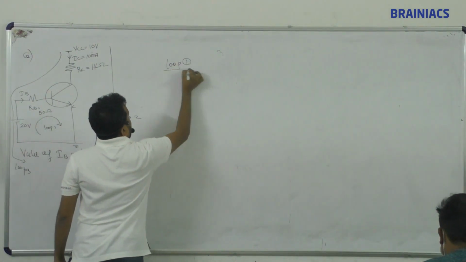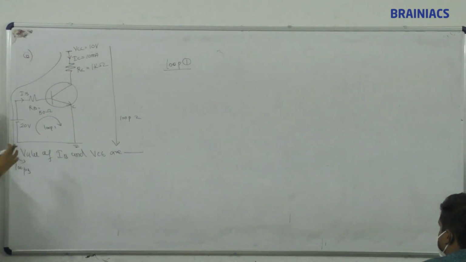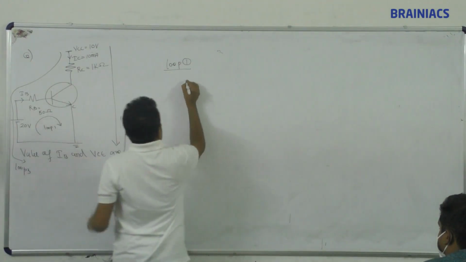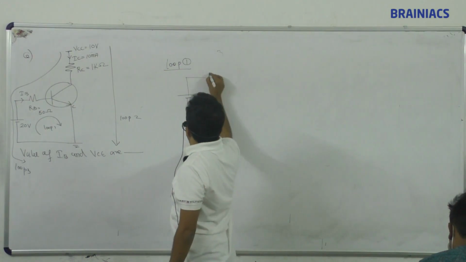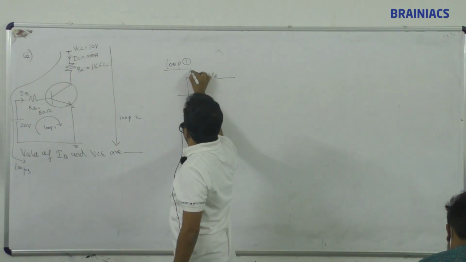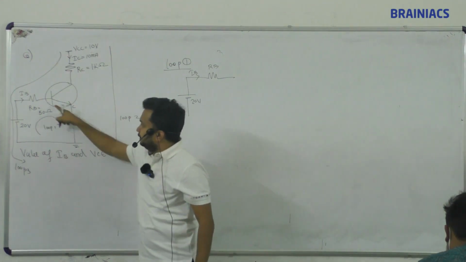Loop 1. If you want to take loop 1, you just duplicate it, plus. This is 20 volt, and here resistance, IB is coming and RB is there. We can substitute the value. Then what is there here?